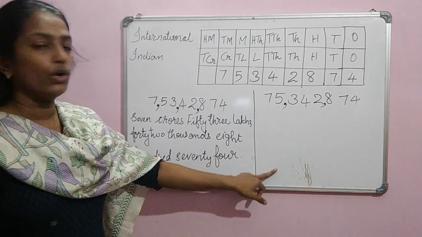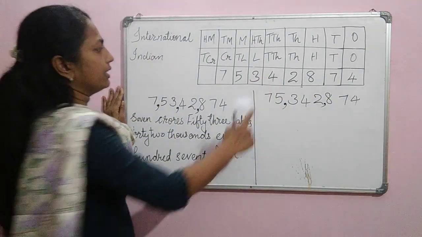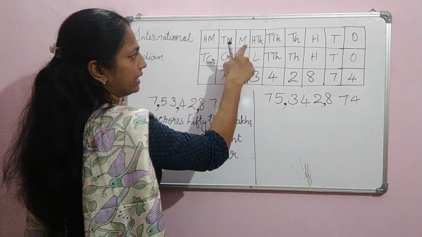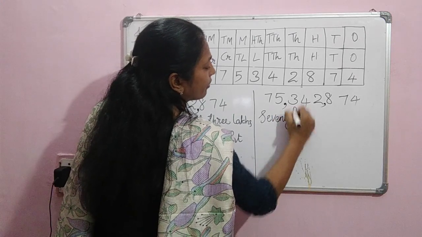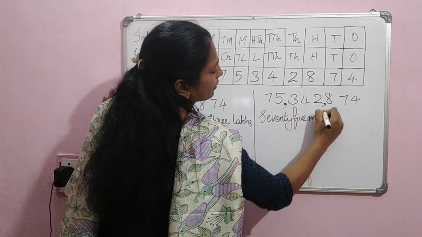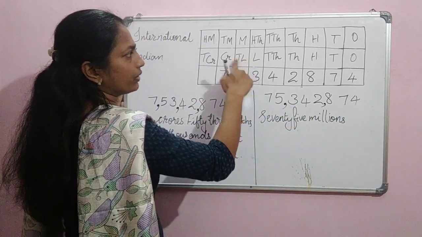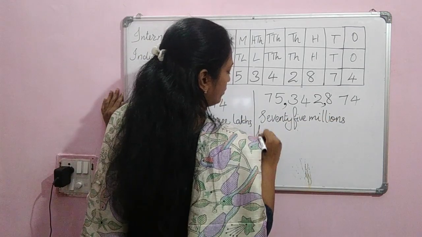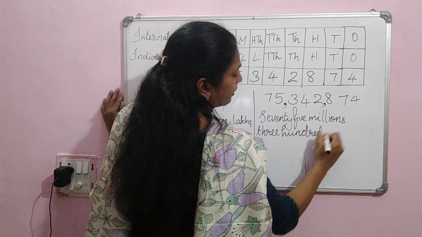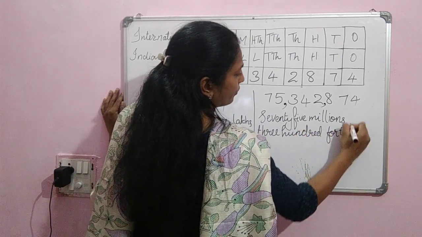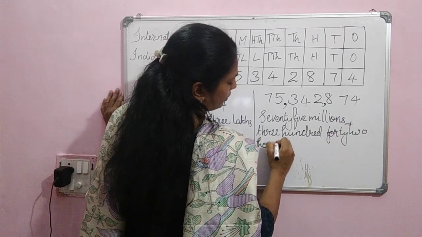Now let's see how to name the number. Here according to the groups we can name this. We have 75 in millions group. So it is 75 millions. 342 in thousands. So 342 thousands.